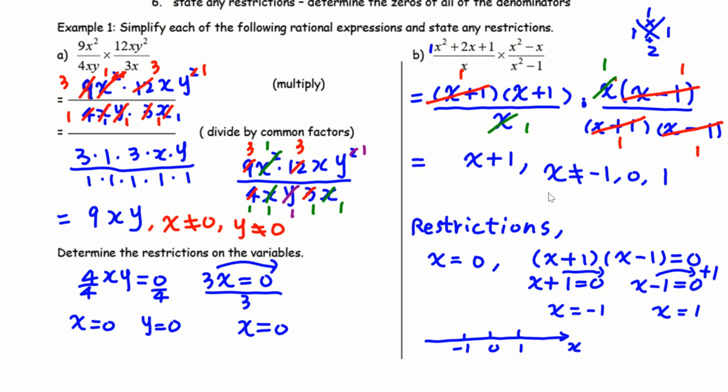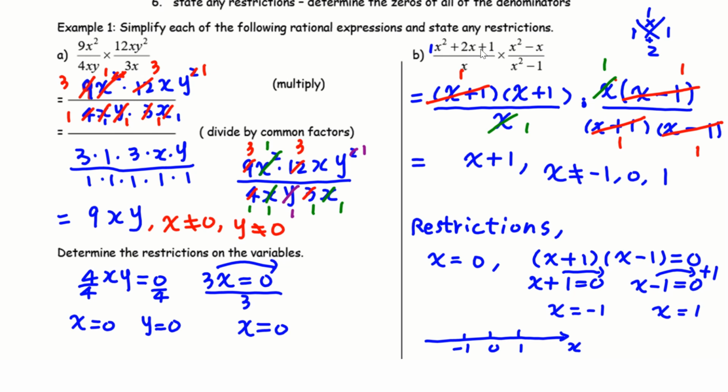So this is how you do the simplification for multiplying rational expressions. So step 1, try to factor the numerator and denominator. The reason is you can only cancel the factors out. X squared, 2x, 1, they are 3 terms.